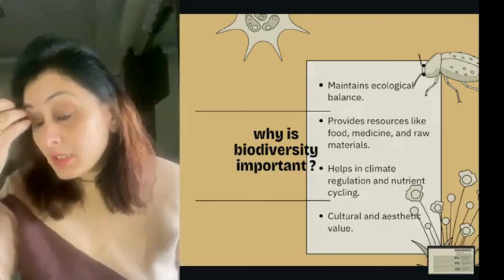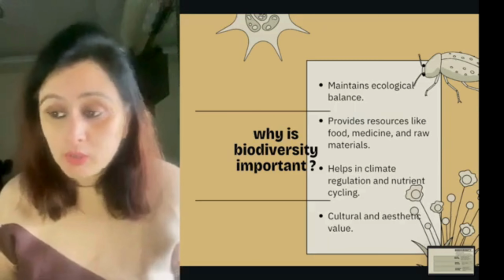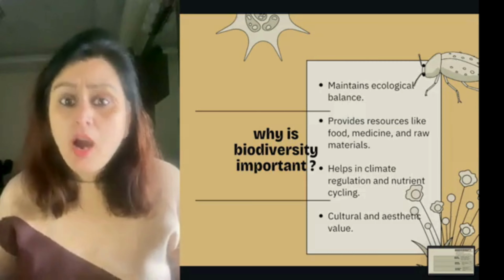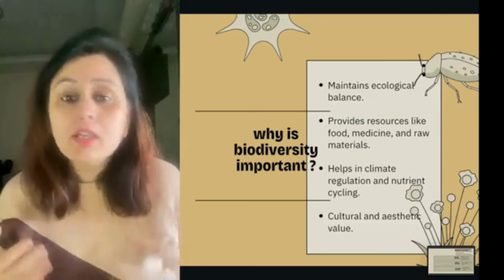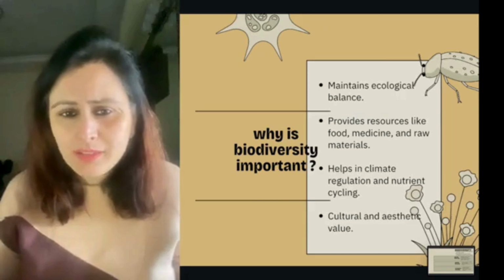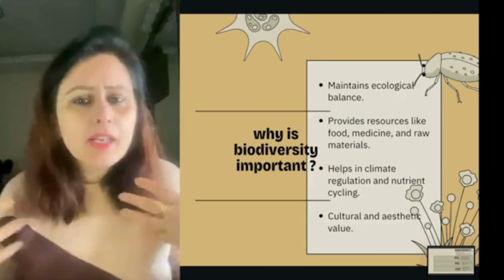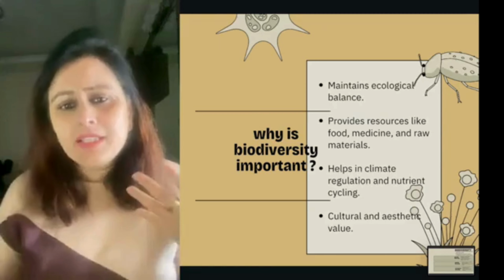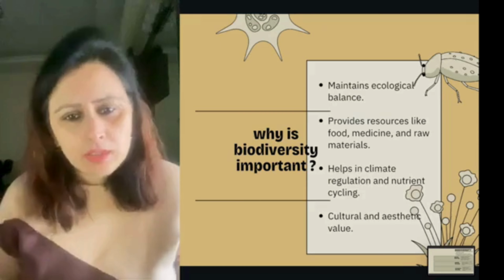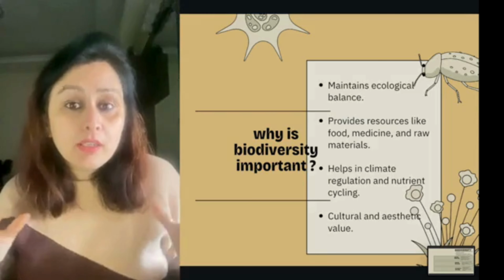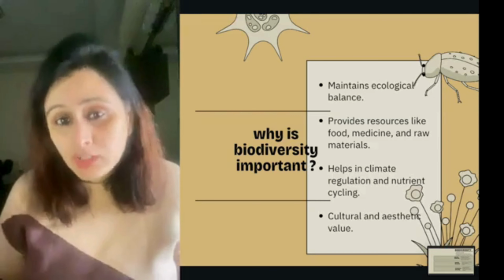Now let's get to know more about the importance of diversity. अब क्या जरूरत है इस diversity की, ये हमें कैसे affect कर रही है? Believe it or not, every organism on the earth is directly or indirectly related to each other. They are affecting each other in some way or the other. So इतनी diversity की जरूरत क्या है? It is to maintain the ecological balance.